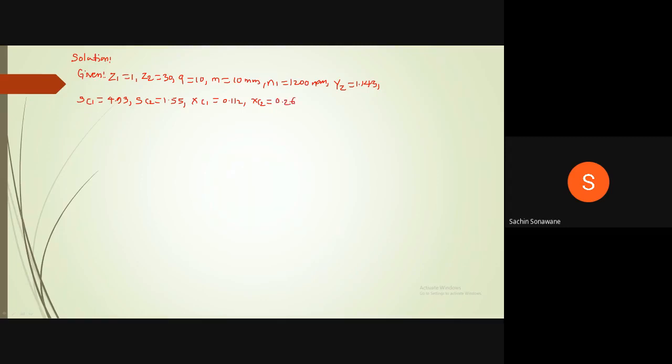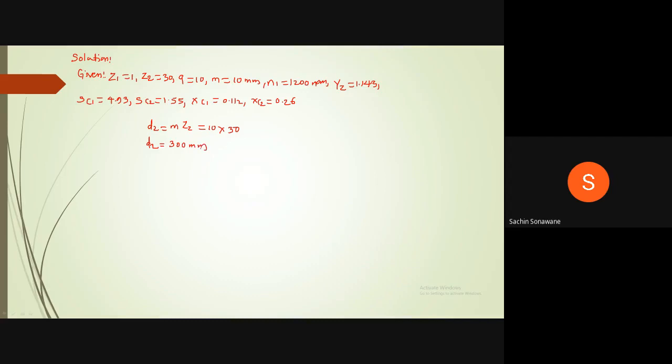Now D2 is not given, so we will calculate D2 first of all. D2 is equal to M into Z2. M is equal to 10 into 30. Therefore D2 is equal to 300 mm.